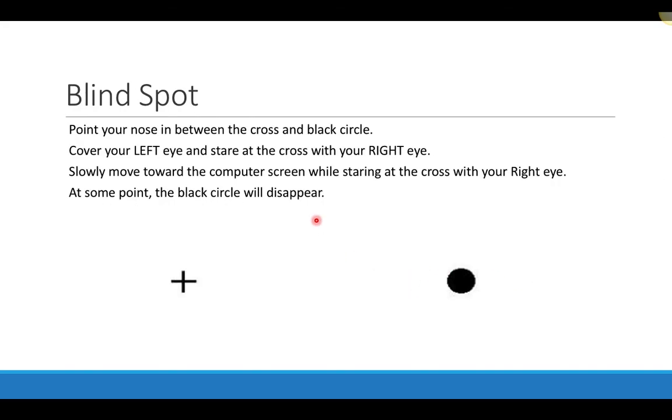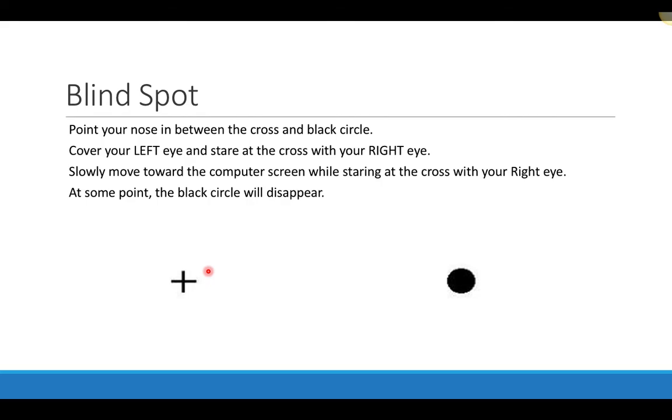So we have a blind spot, and I love to do this in class because it's pretty cool. If you have this on your full screen, and you want to see your blind spot, you can point your nose between the cross and the circle, cover your left eye and stare at the cross with your right eye.